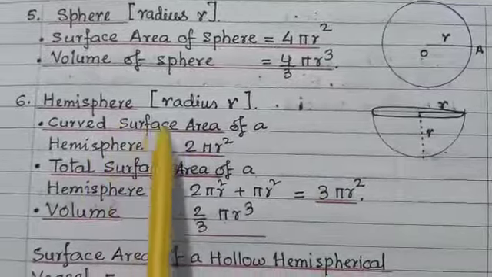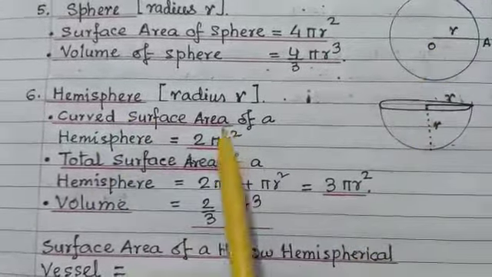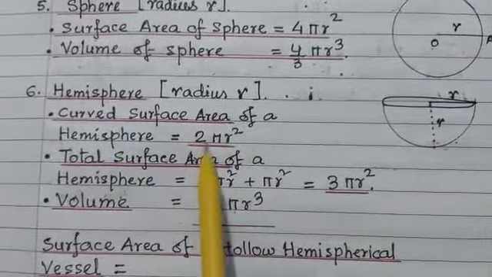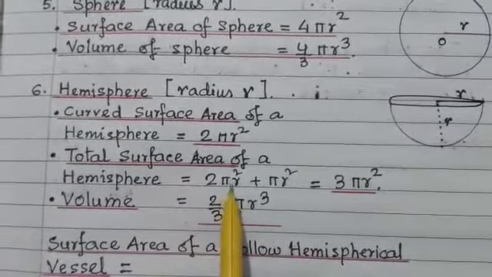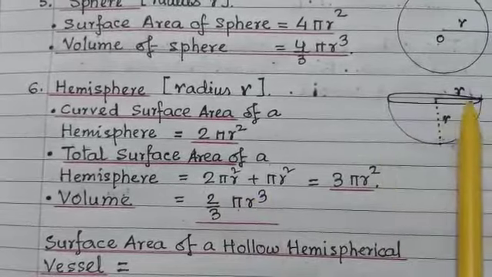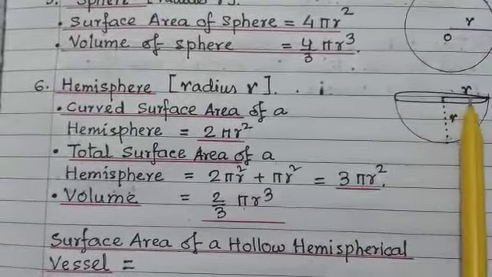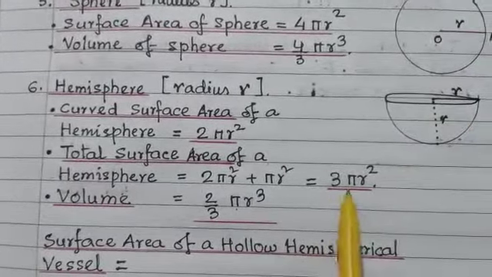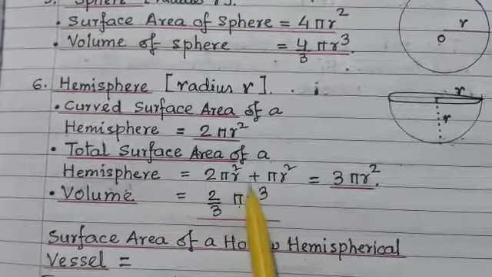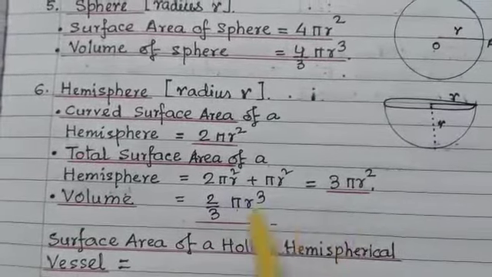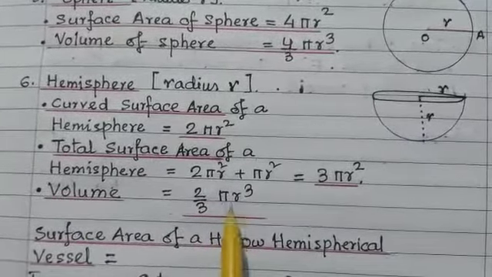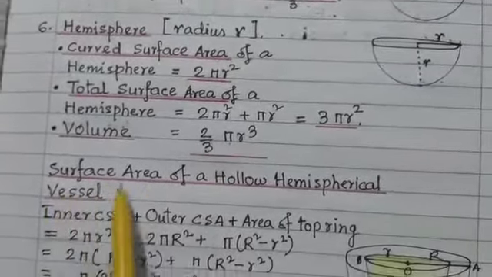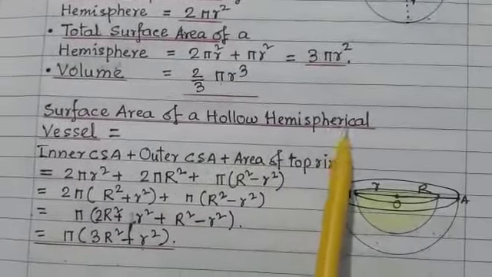Now the hemisphere, it is half of the sphere, so its curved surface area is 2 pi r square and total surface area is 2 pi r square plus pi r square, the area of this circular base. It is 3 pi r square. Okay, 2 pi r square plus pi r square is 3 pi r square and volume is 2/3 pi r cube. Done it?